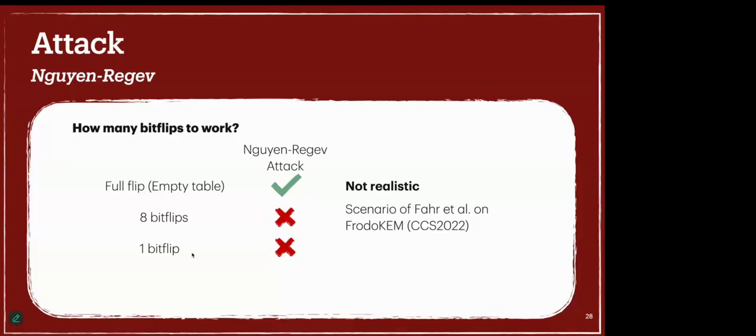In this scenario, they performed 8 targeted bit flips on the keygen of FrodoKEM. And if you allow us 8 bit flips on the RCDT, then the Nguyen-Regev attack does not work anymore. Of course, with the more optimistic scenario of 1 bit flip, the attack also doesn't work.